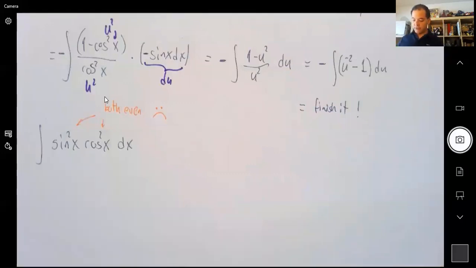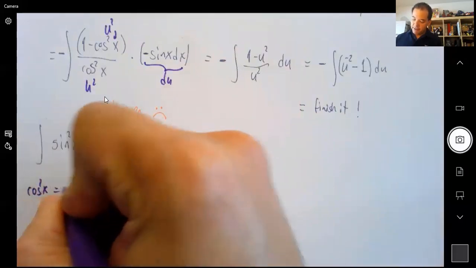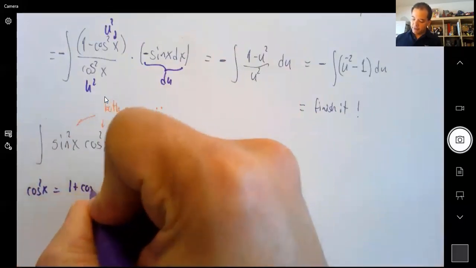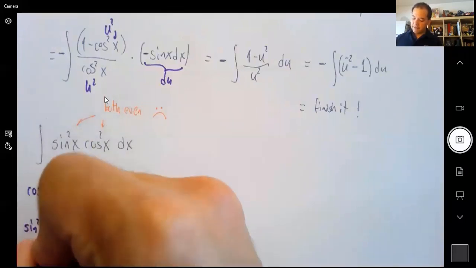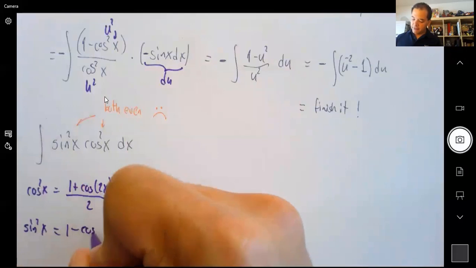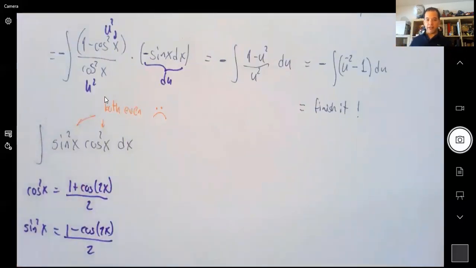And if it's bad, then what you want to do is use the half angle identities. So here what you want to use is that cosine square x is (1 plus cosine 2x) divided by 2, and sine square x is (1 minus cosine 2x) divided by 2. That's what you want to do, all right?